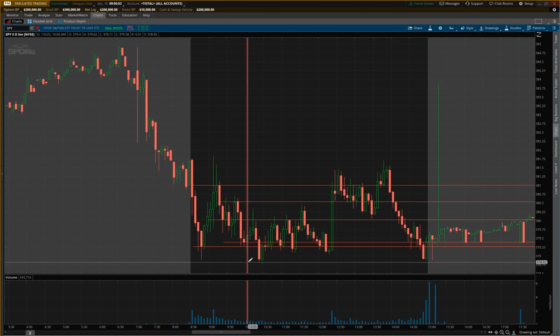Once I log into my computer, I will see what's gone on for that first hour and a half. Generally, the first hour and a half is pretty volatile, but it does set a precedent for potentially where the market's going to trade within for SPY throughout the day.